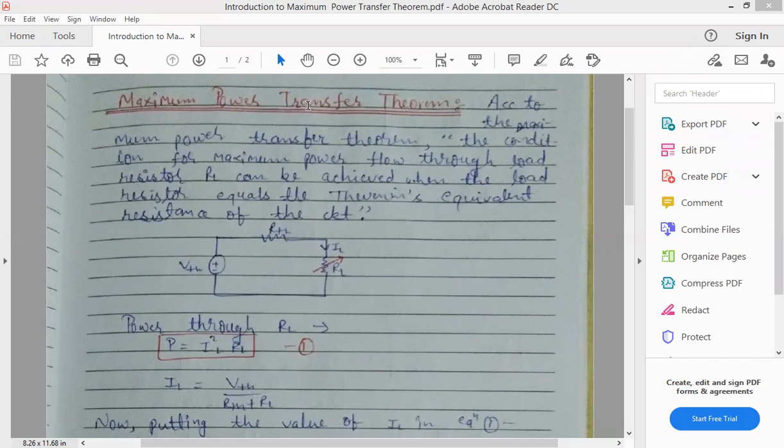Today, I will discuss the maximum power transfer theorem. So, let us start. First of all, I will discuss the statement of the maximum power transfer theorem.